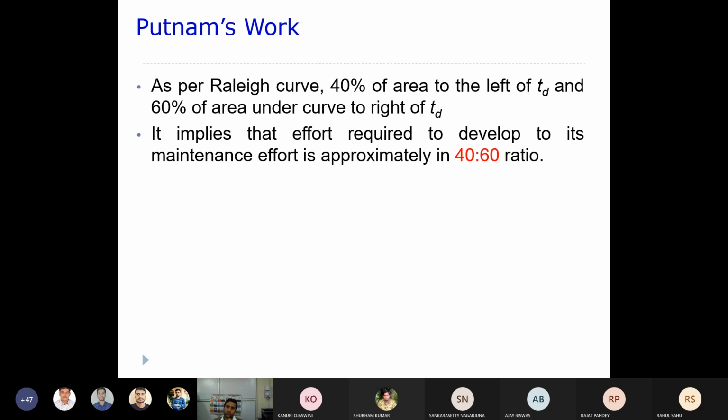This is what a Rayleigh curve is also representing. The 40% of area to the left of TD corresponds to the development phase, and the rest 60% is attributed to the maintenance phase.